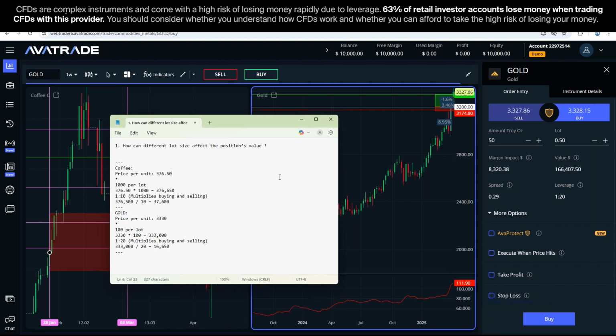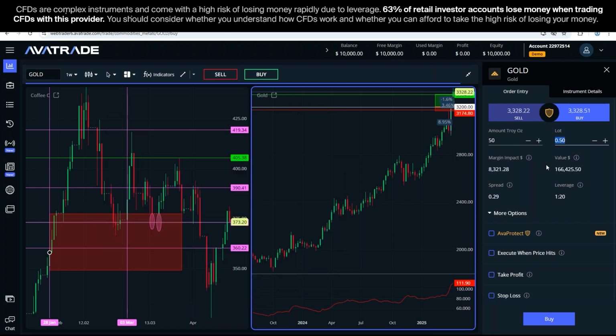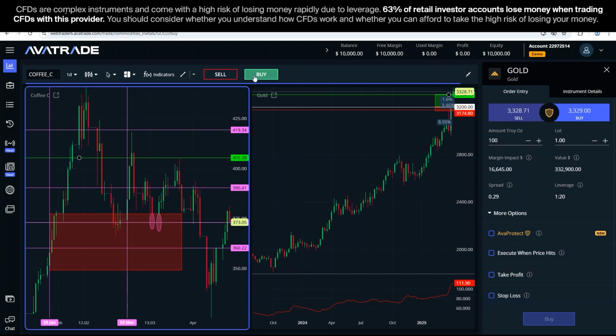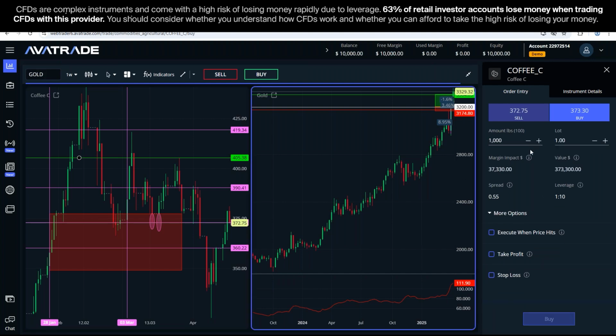And to answer the question, we naturally understand that the lot size makes a lot of difference since it's our measuring unit. If the measuring unit now is showing us 100, this 100 will be multiplied by the value. If it's coffee like this with 1,000, the value will be multiplied by 1,000, which, as I have explained, has a direct impact on your money, on your margin.